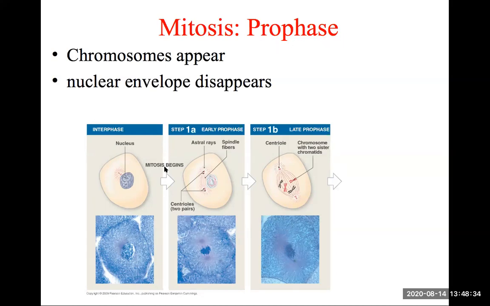Now with prophase, let's look over here at a typical cell. Okay, and here's light microscopy. All right, so the outside, there's my plasma membrane. The inside, this is my nucleus. Okay, the first thing we can talk about is the nuclear envelope. The outside of the nucleus disappears. Not poof in a magic sense, but the cell breaks down all the pieces that it uses to build the nuclear envelope.